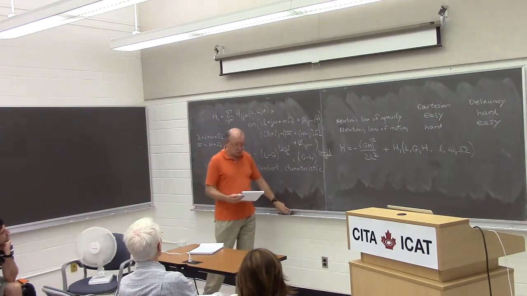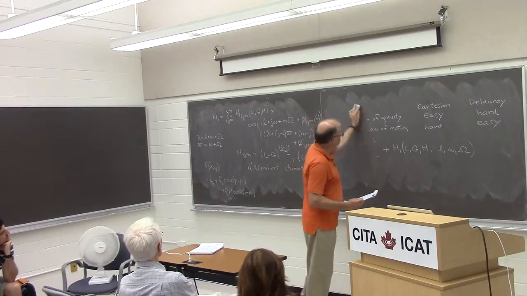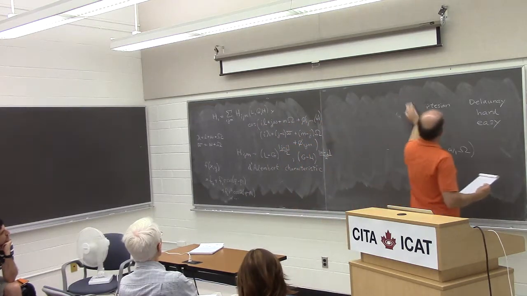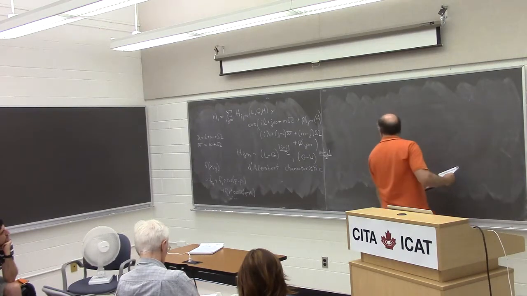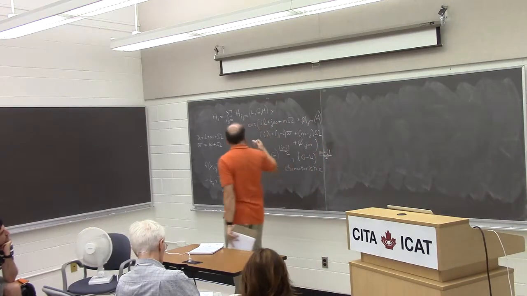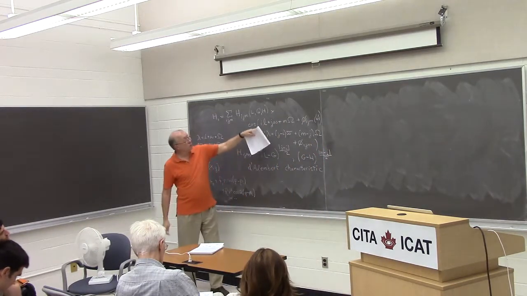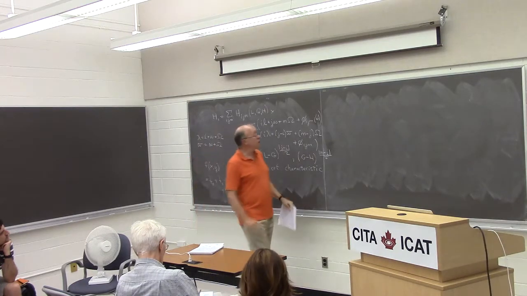You can do a little more. One of the obvious cases is, say, a two-planet system. You're trying to follow the motion of one planet due to perturbations from some other planet outside.